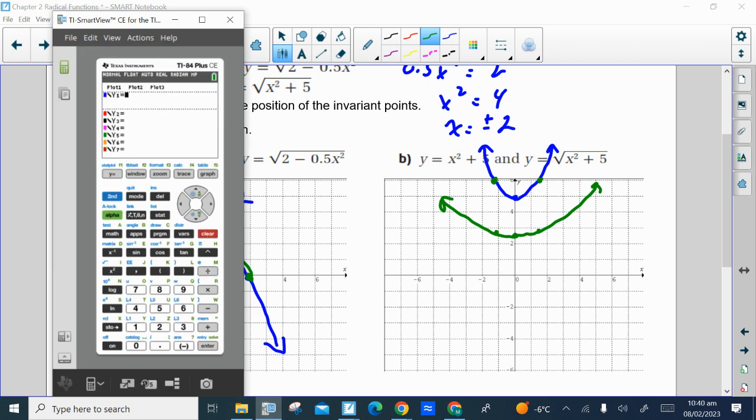If we start with the original equation, x squared plus 5, and then we graph the square root of that, zoom 6 to set my window to the standard settings, that's what it looks like.